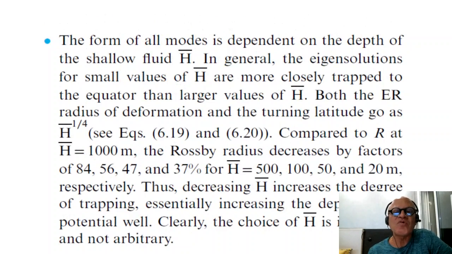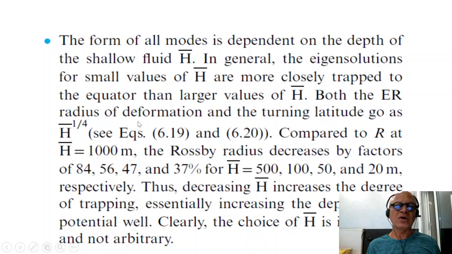Right? The form of all modes is dependent on the depth of the shallow fluid h bar. We saw that h bar modulates the equatorial trapping and so on. In general, eigensolutions for small values of h bar are more closely trapped to the equator than larger values of h bar.